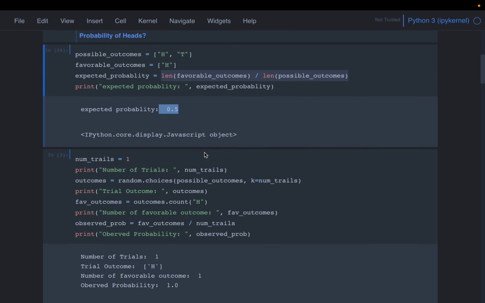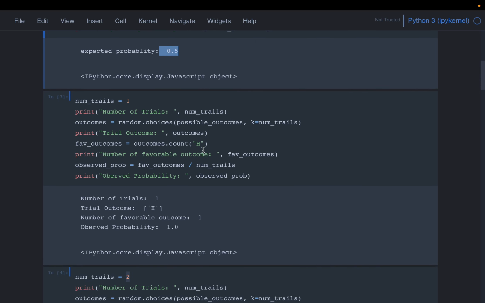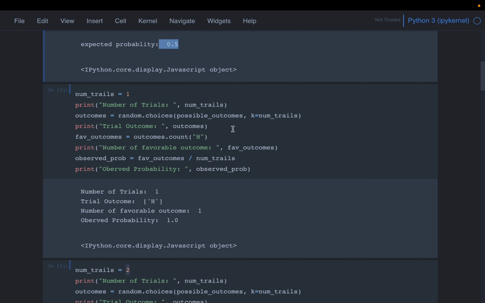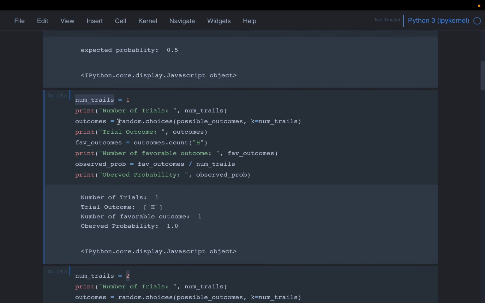Now we are going to do some simulations. First we will flip the coin only once, right? How many times we flip the coin, we are calling the number of trials. And Python has this very convenient function called random.choices.